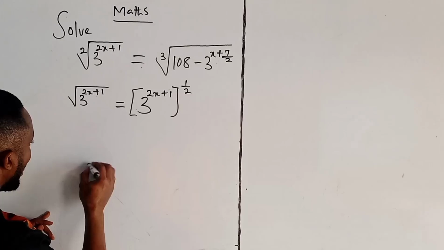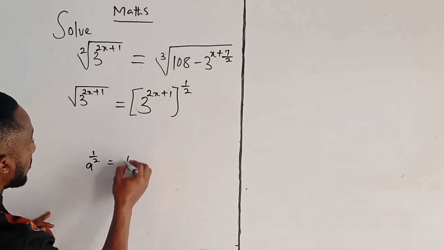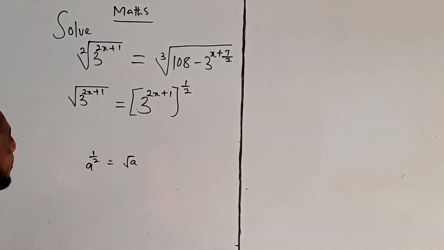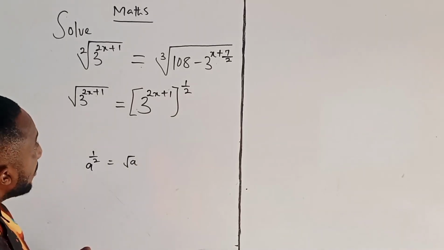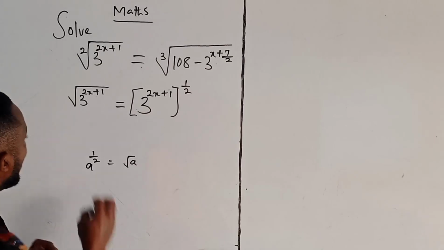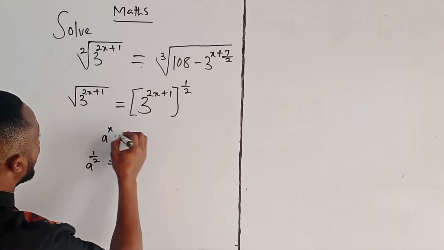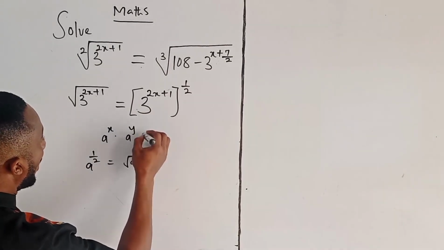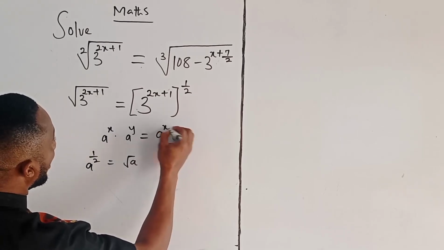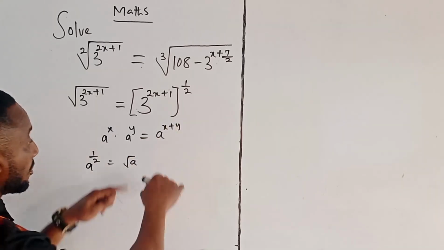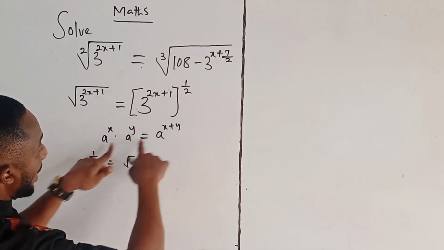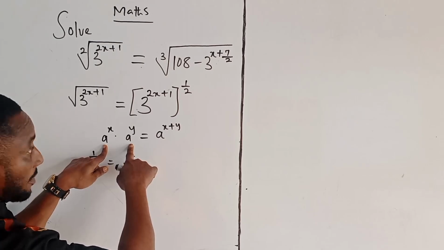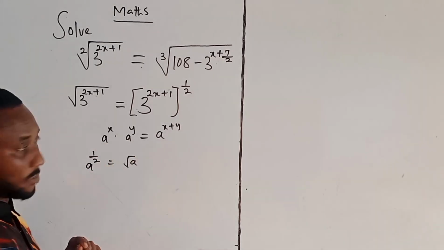Then I know that a to the power of half is the same thing as the square root of a from the laws of exponents. Again, I will also need to check out the product rule of exponents. If I have a to the x multiply a to the y, this is a to the x plus y. So I can actually reverse this by splitting it into x and y, more like a reversible reaction.